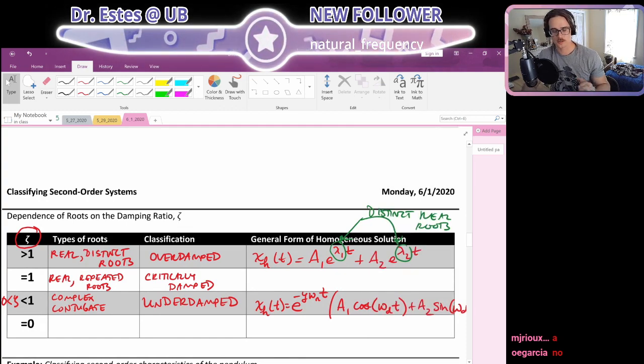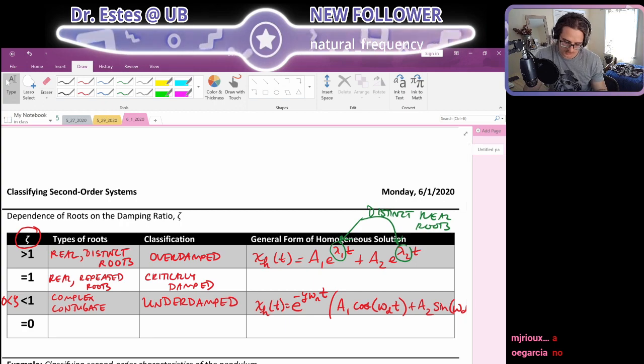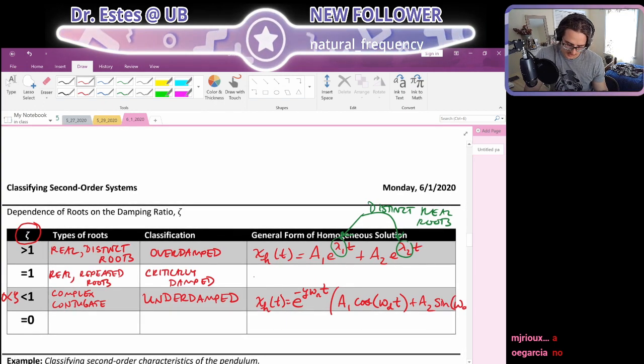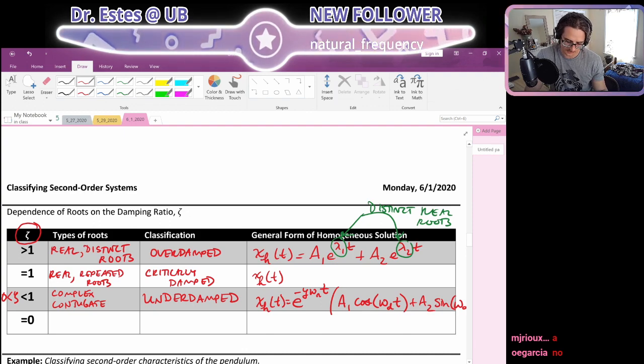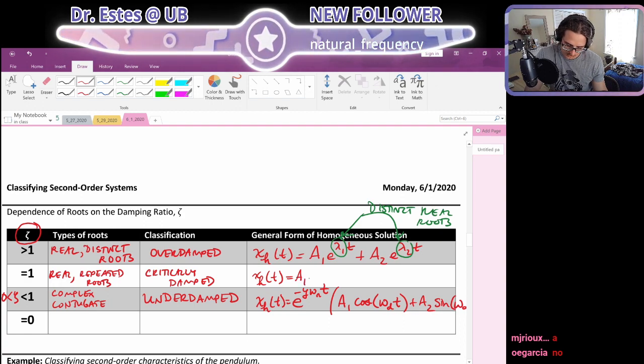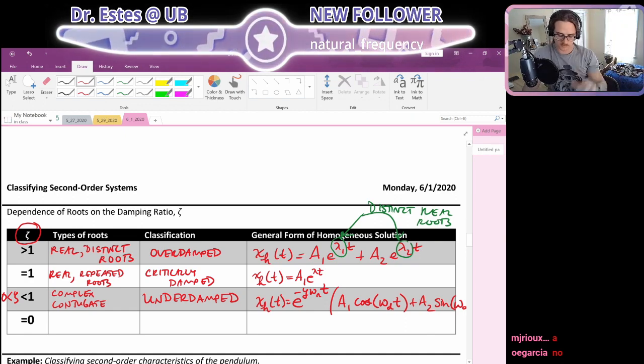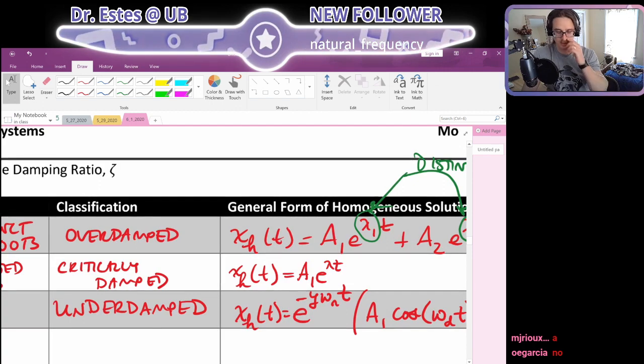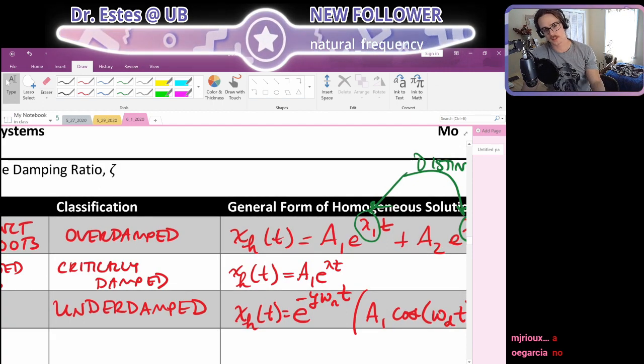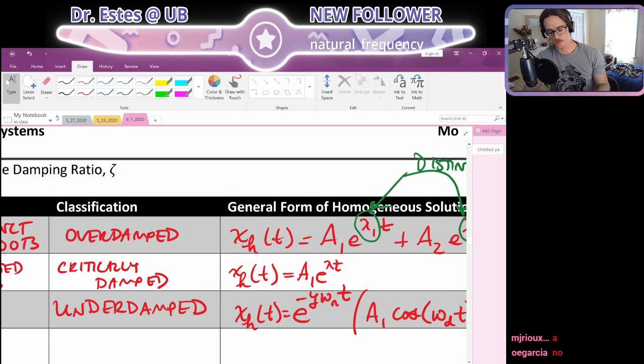And in this case, the homogeneous solution is still a little different than either of the other cases. It's going to have A1 e to the lambda t. And I'm not going to do lambda 1 and lambda 2 this time because there's only one root.